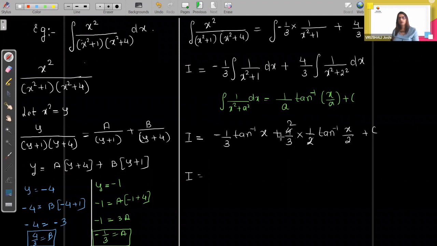if you want you can rearrange the whole thing, so this is going to be 2/3 tan inverse x/2 minus 1/3 tan inverse x plus c। What do you have here? देखो तो जरा, करेक्ट क्या आया? कौन लिखेगा इसको?